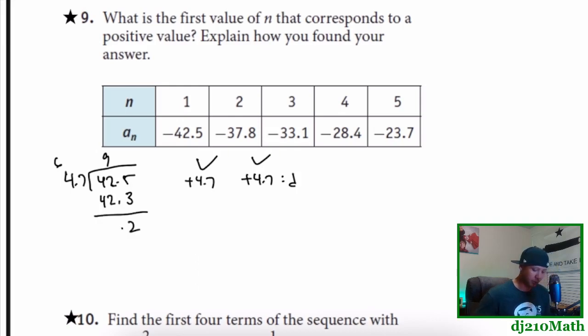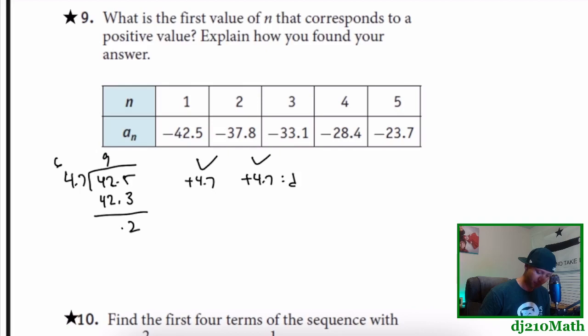So what that means is that if I start at negative 42.5 and I add 4.7 nine times, it won't be quite 0. It would actually be negative 0.2, right? Because there's a 0.2 remainder. So that means I would need to add one more 4.7.